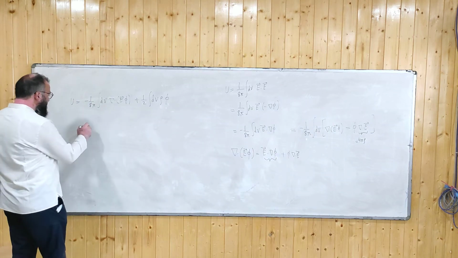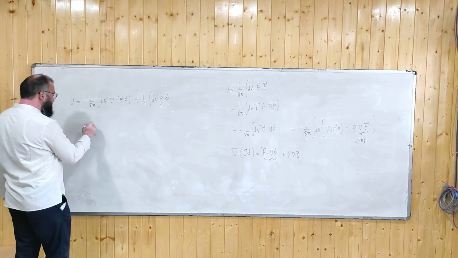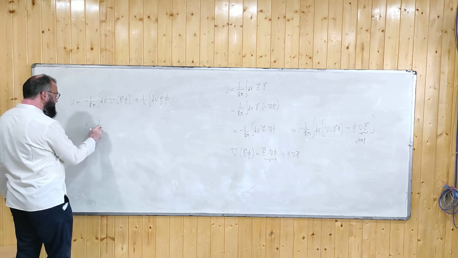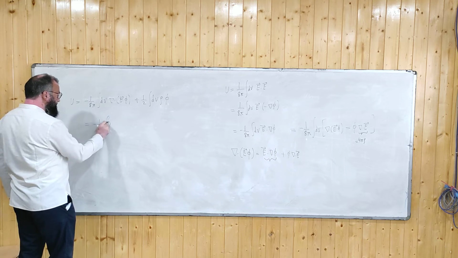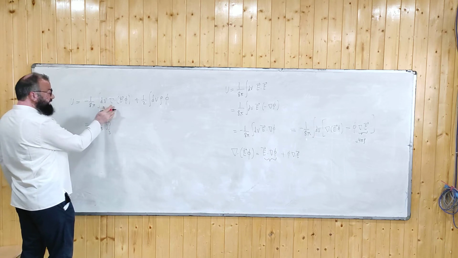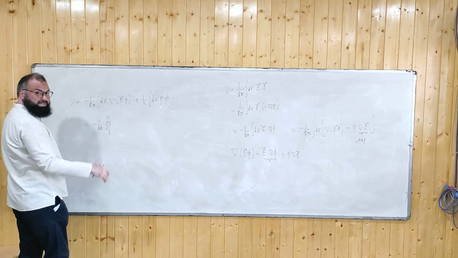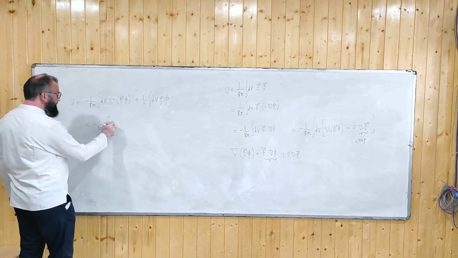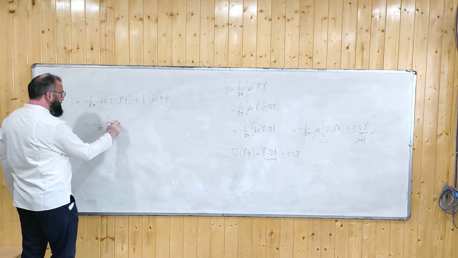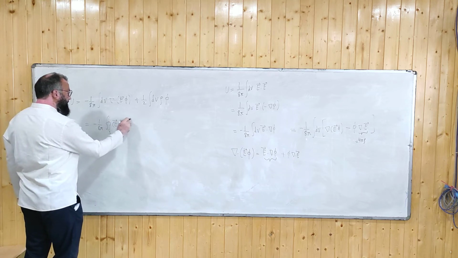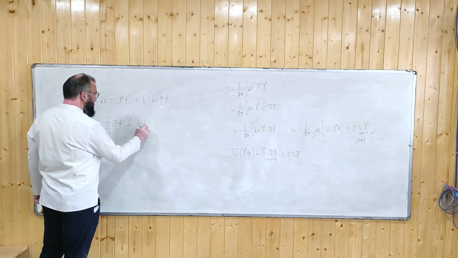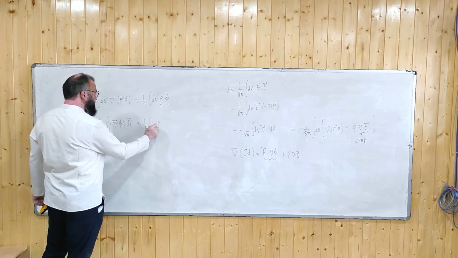Now let's convert this integral into a surface integral by the Gauss divergence theorem. So this is an integral over the volume of del dot some vector, which becomes the surface integral of E phi dot dS, plus half integral dV rho phi.